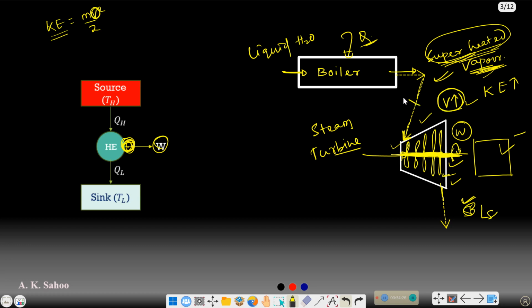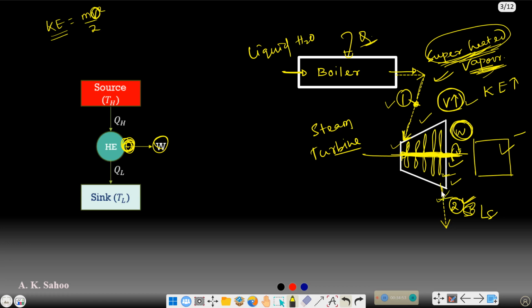Suppose I am saying this is the state point 1 and this is the state point 2. That simply means the energy which was over here will be high as compared to this one. If we try to find out the work interaction, this amount of work we have produced, before that this amount of energy was there with this vapor.